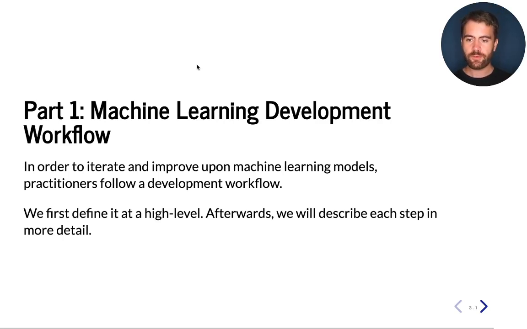I will start by giving a high-level overview of this workflow, and then in the rest of this lecture and in the following lecture, we are going to look at specifics and look at the details of various steps in this workflow.